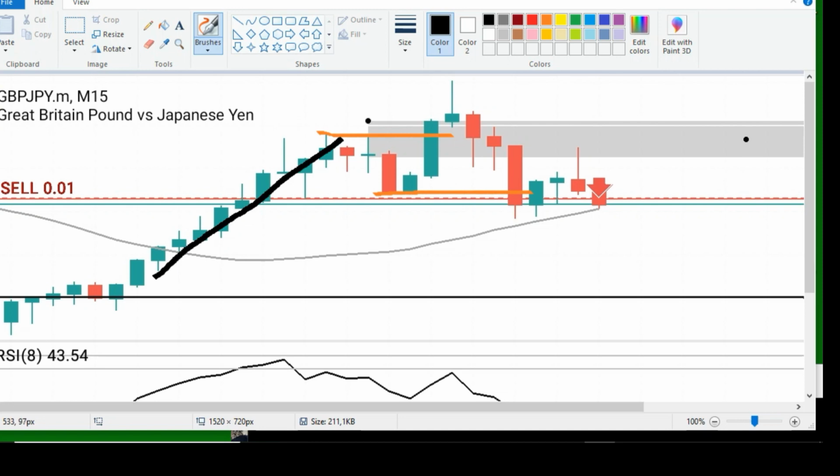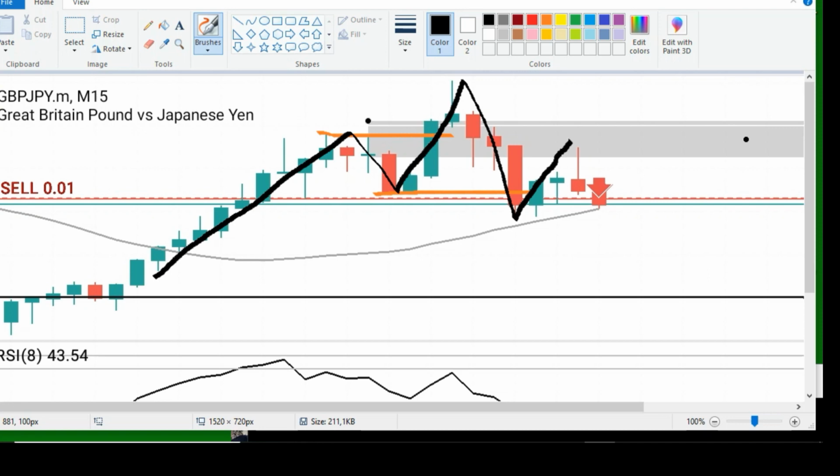With an impulse move to the upside, with a retracement, then we have another impulse move to the upside, we broke the high, we came back and we break the low. And then what happens is we retrace back somewhere into the 50% area, supply area, support and resistance.